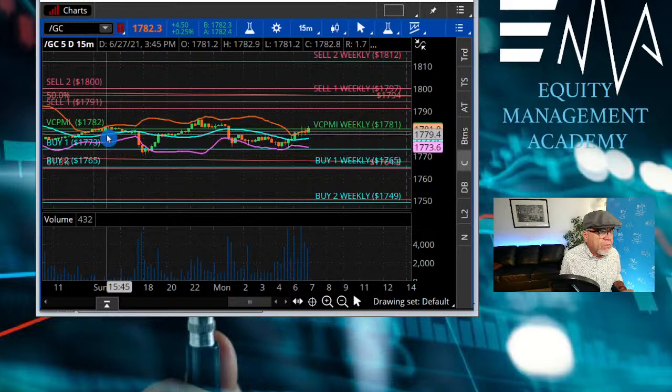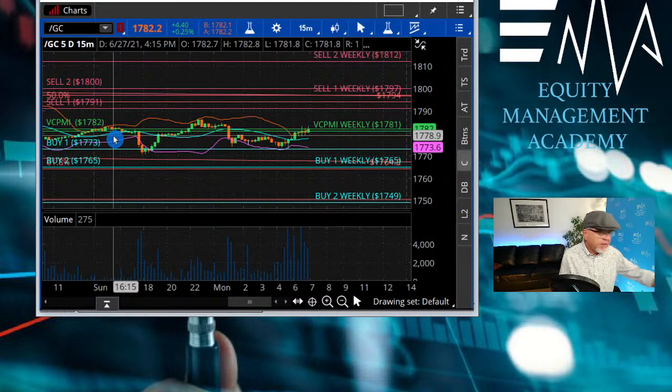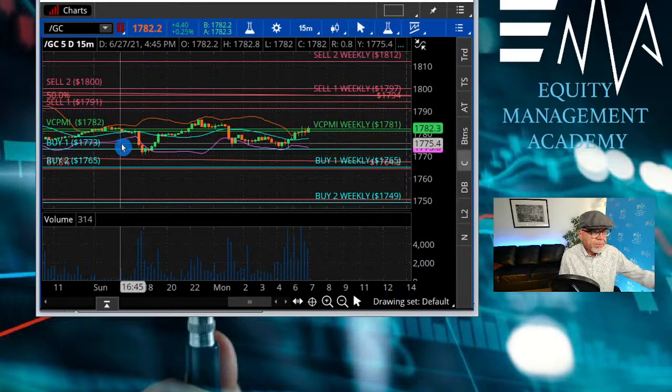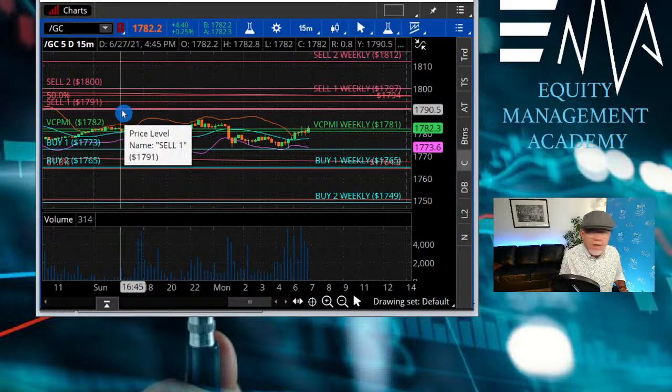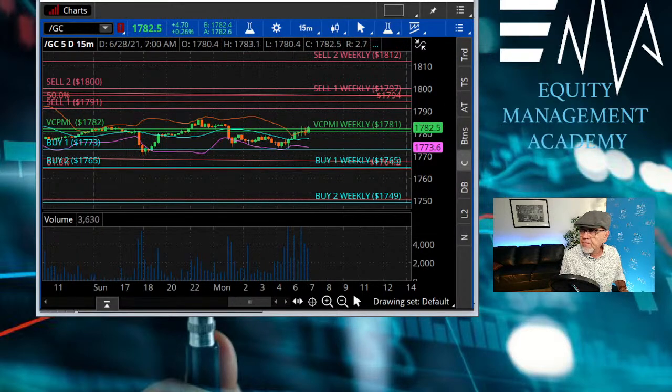So what we have here basically is the daily signal, excuse me, activating a buy trigger, and the target is 1791.